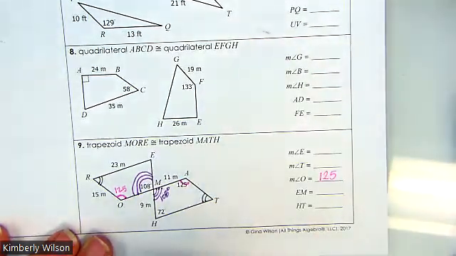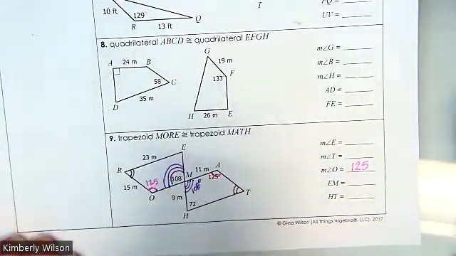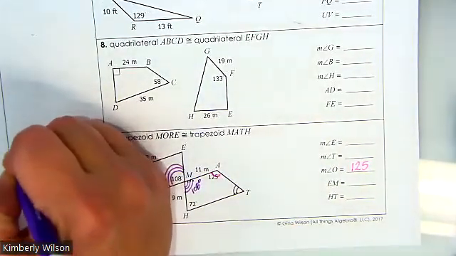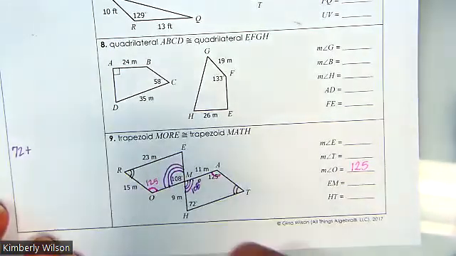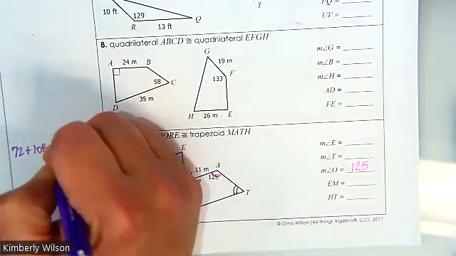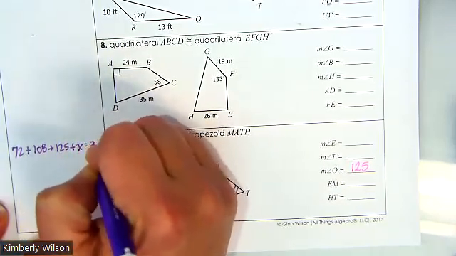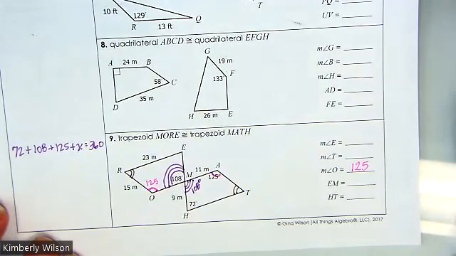There are 4 sides here, so that means I can add up. I've got 72 plus 108 plus 125 plus x equals 360.